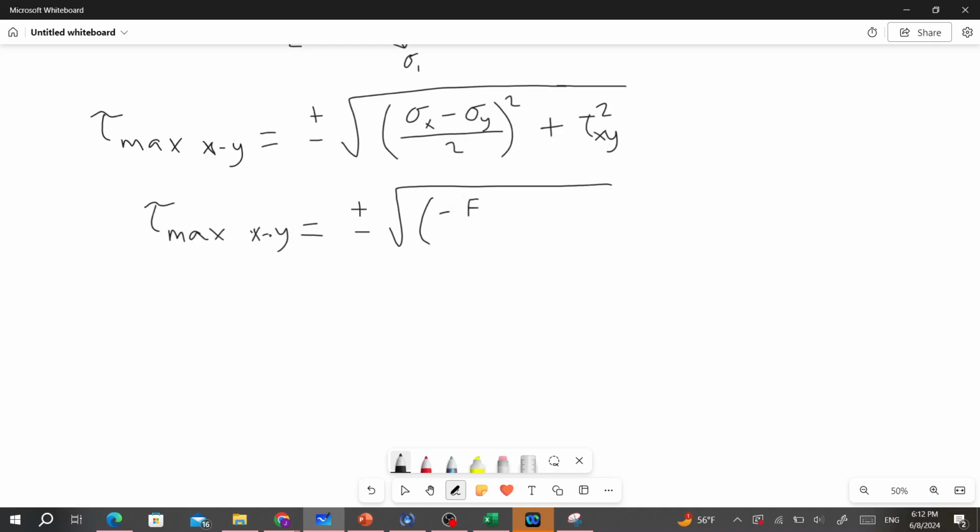So it's F over bh divided by 2. I should say negative F over bh since sigma x is compressive. We'll square it. And then tau xy was negative 4 over 3 V over bh, squared.